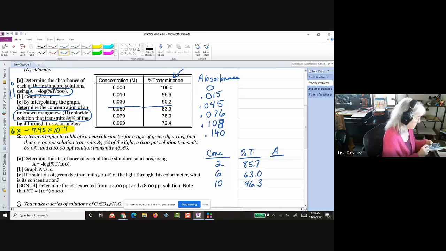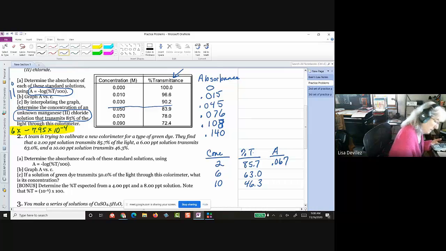So negative log of 0.85, I'm getting 0.067. The negative log of 0.63, so I'm getting 0.20. Negative log of 0.463, 0.33.